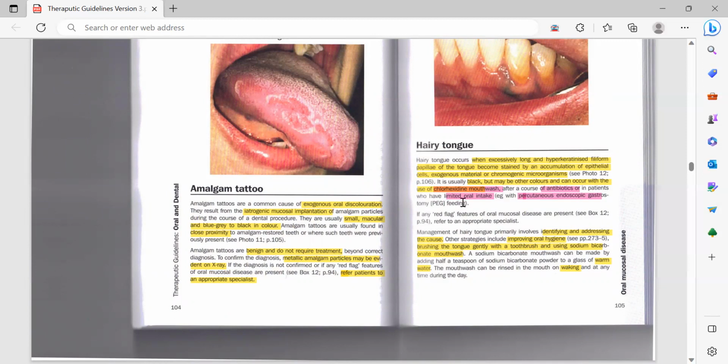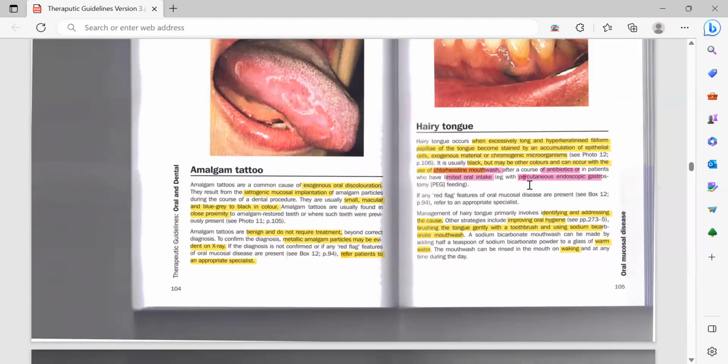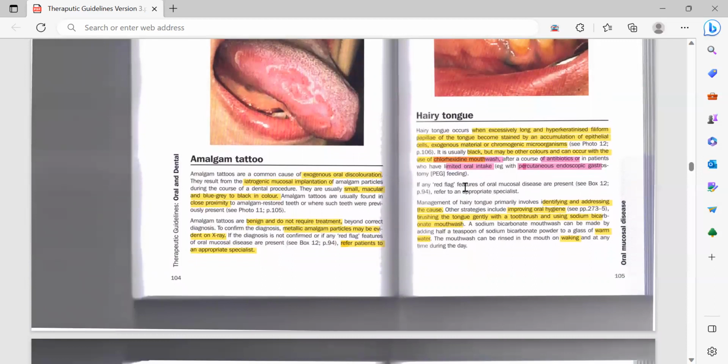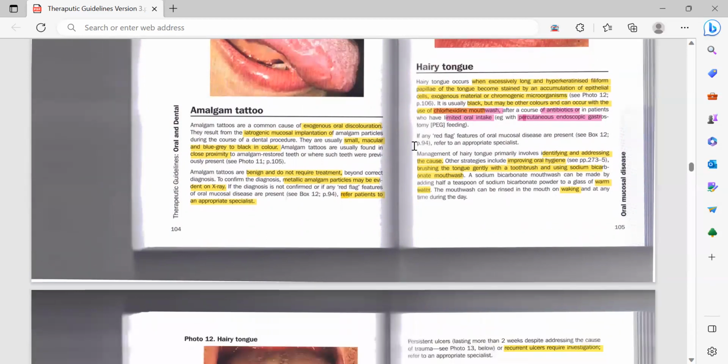But if we do not use them, mainly in patients who are on percutaneous endoscopic feeding, feeding through a tube, they are not using their tongue or oral cavity. So in those patients these papillae get hyperkeratinized and can lead to hairy tongue.